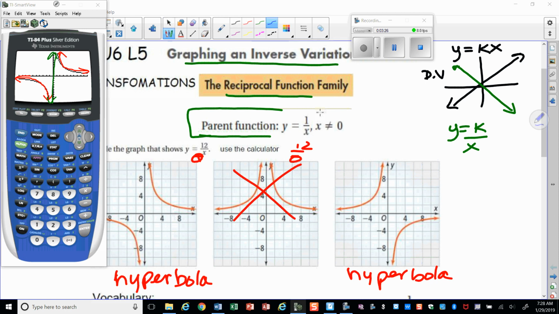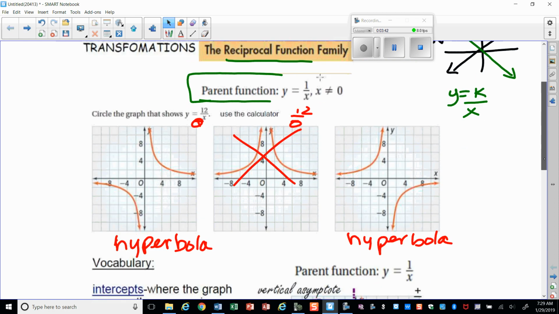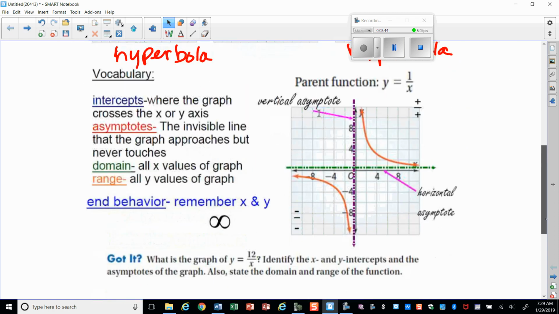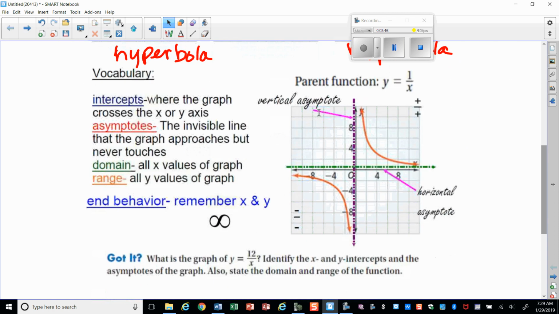And then we also have this happening here. Now when we talk about the end behavior, we're talking about the horizontal asymptote, because both ends are approaching the same number. They're both approaching 0. All right, so this is our new vocabulary for this inverse function, or this reciprocal function.